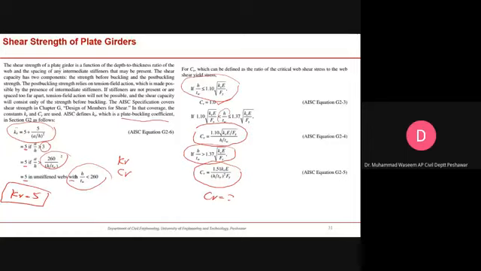The shear strength of a plate girder is a function of the depth to thickness ratio of the web and the spacing of intermediate stiffeners that may be present.